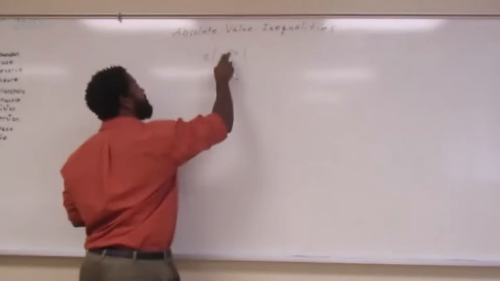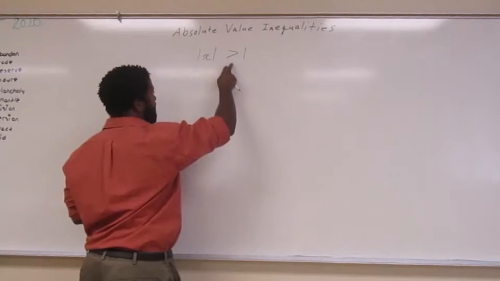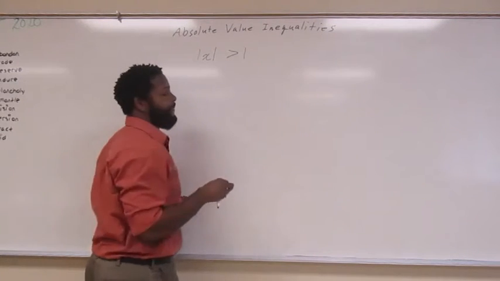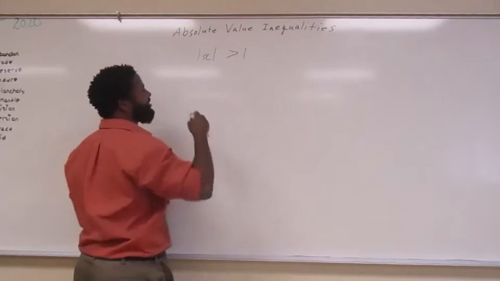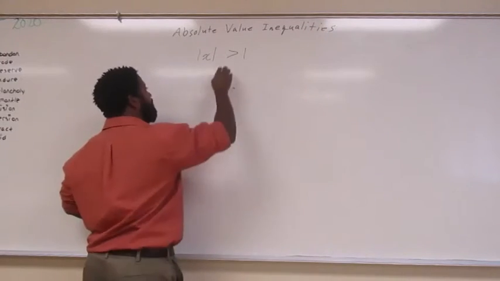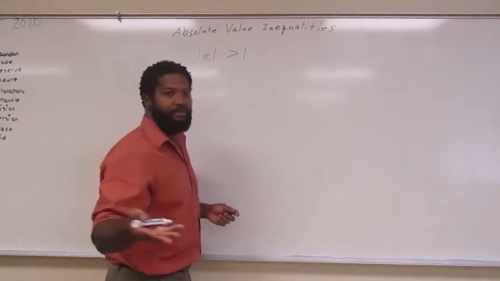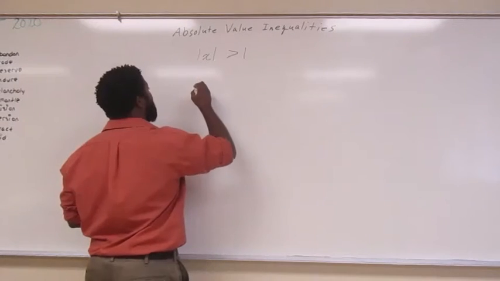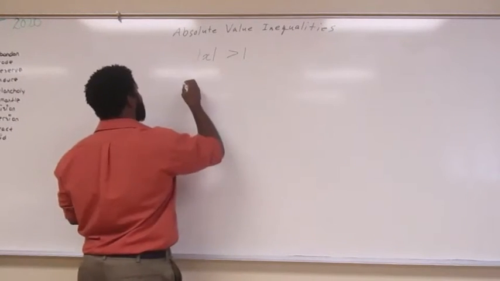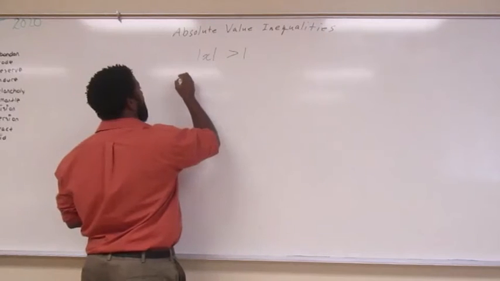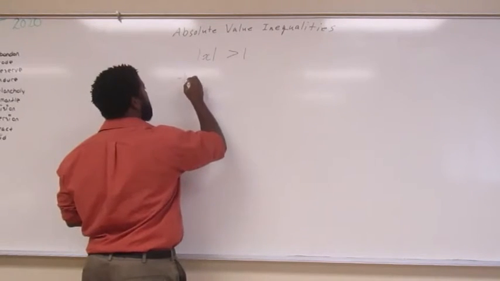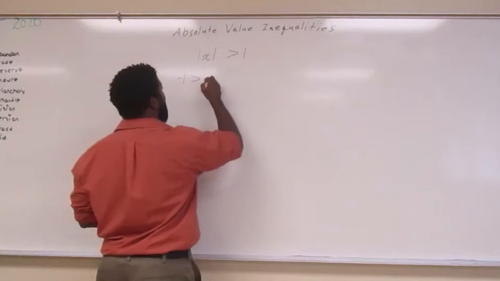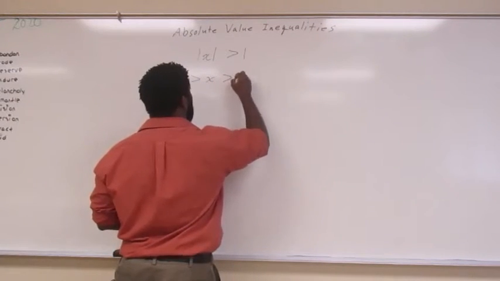Instead of this equal sign, you use the same sign, okay? So this is a positive 1, so obviously, it'll be negative 1 is greater than x, which is greater than 1.